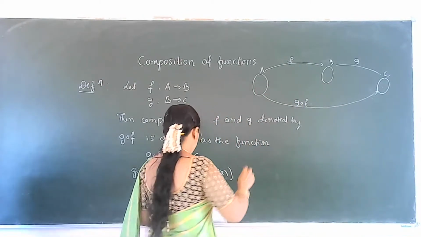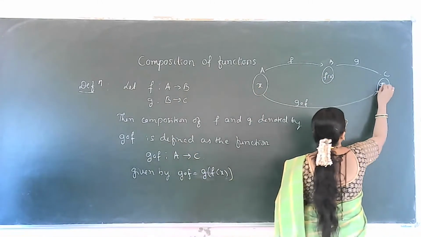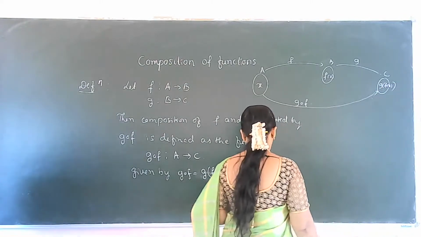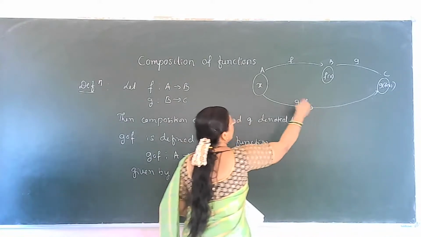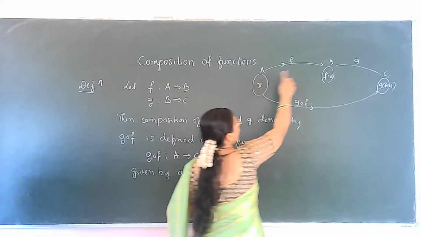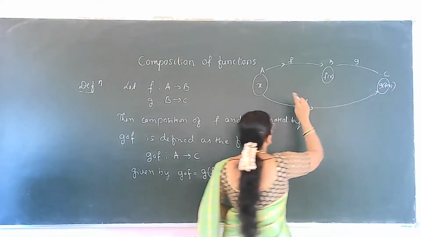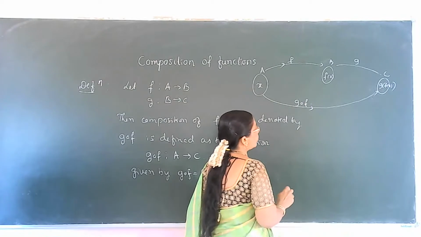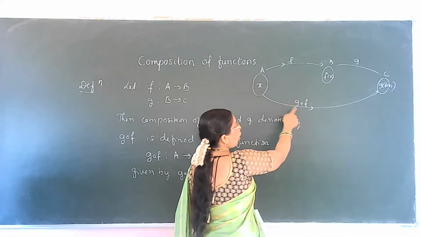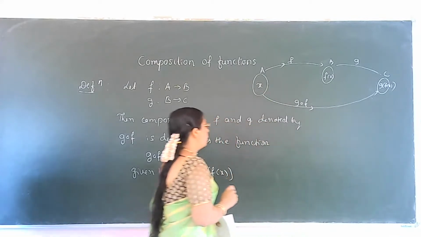Here it is x, it's f of x, it's g of f of x. Here f is a function from A to B and g is a function from B to C, and g naught f, or g composition f, is a function from A to C.